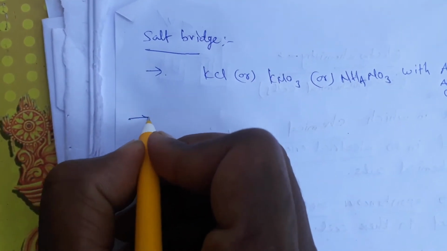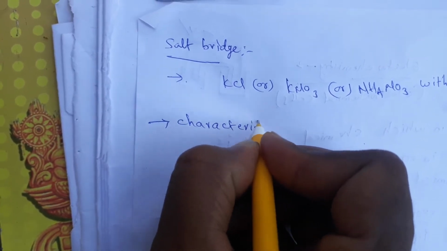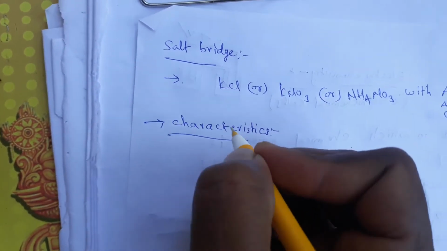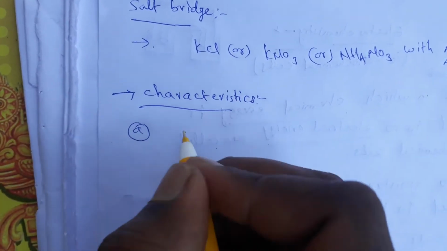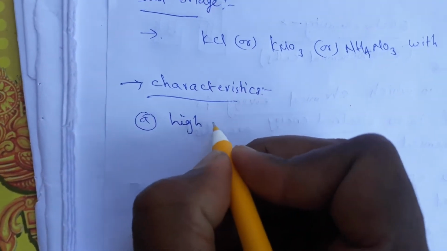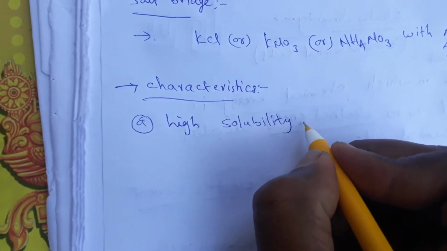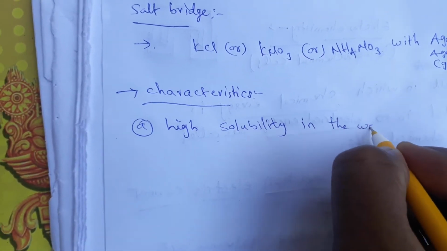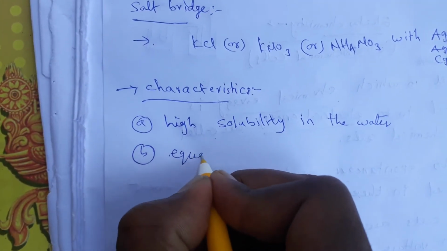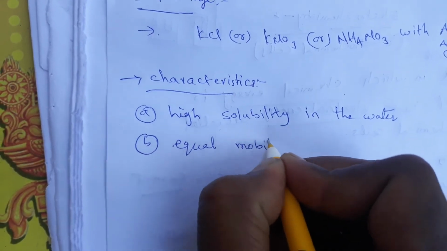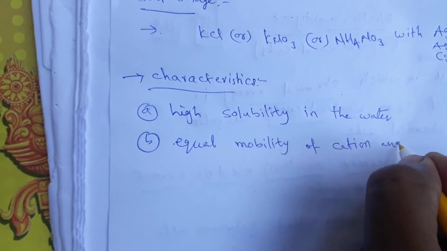What are the characteristics of this salt bridge? We will see here. The characteristics of the salt bridge: first, high solubility in water, and second, equal mobility of cation and anion.